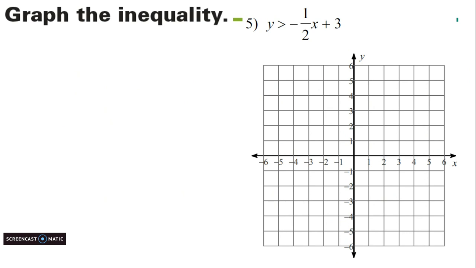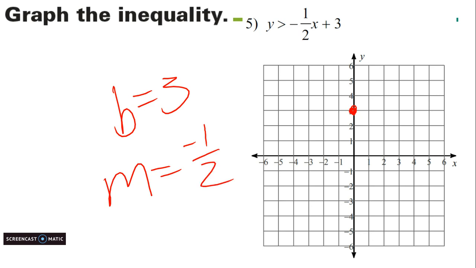Greater than, so we're going to use a dotted line, and we're going to shade above. So our y-intercept is 3. So we're going to start at 3. Our slope is negative 1 over 2. So make sure your graph goes down and to the right, because that's going to give us that negative slope that we're looking for.